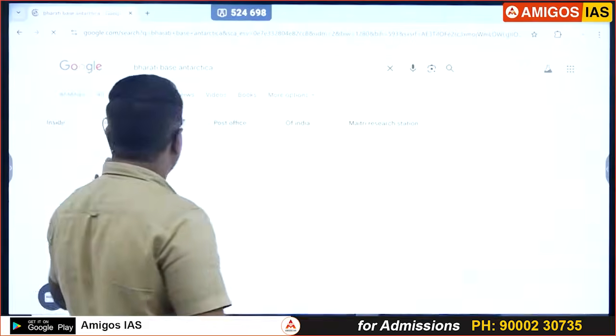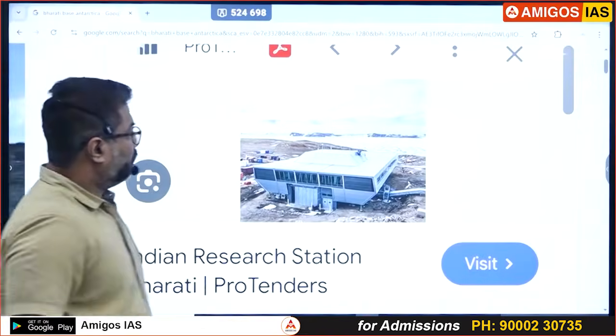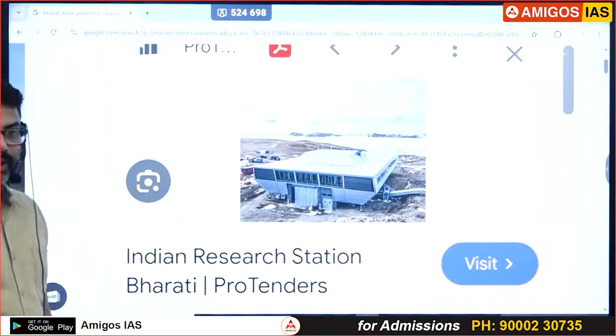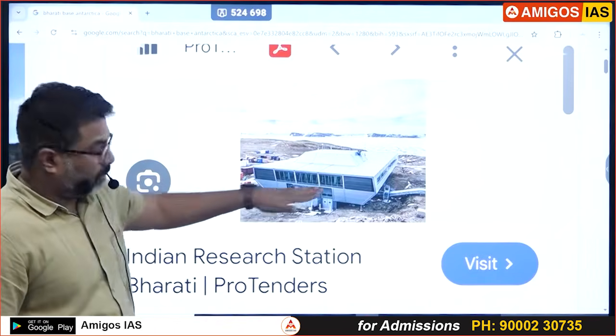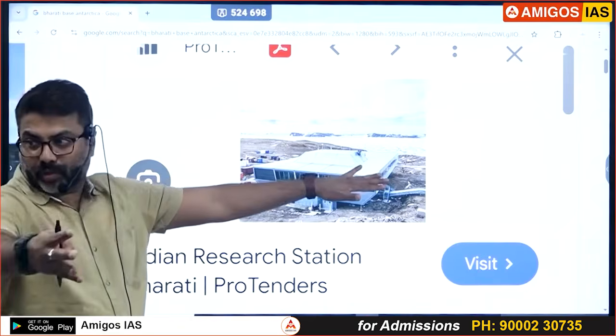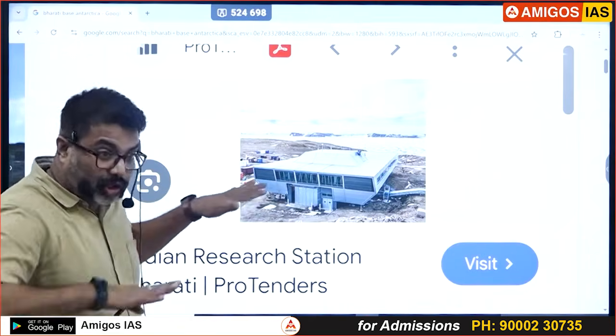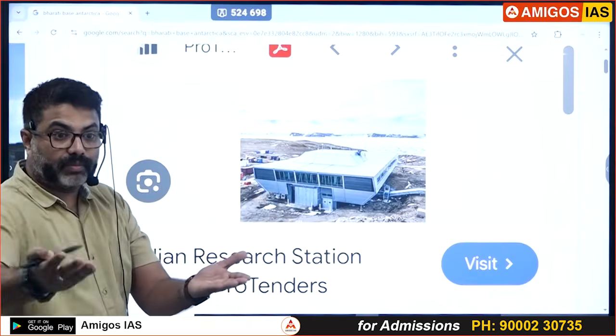See, this is Bharati. See how it looks. The glaciers are moving down, right? When one reaches the sea, what happens? An iceberg is formed, so the research base is also pushed into the water. So we have designed it like a ship so it can float.